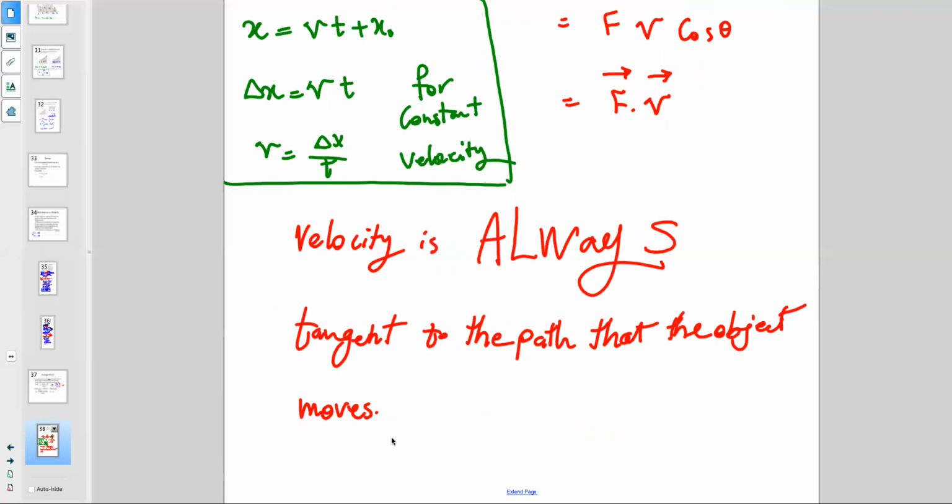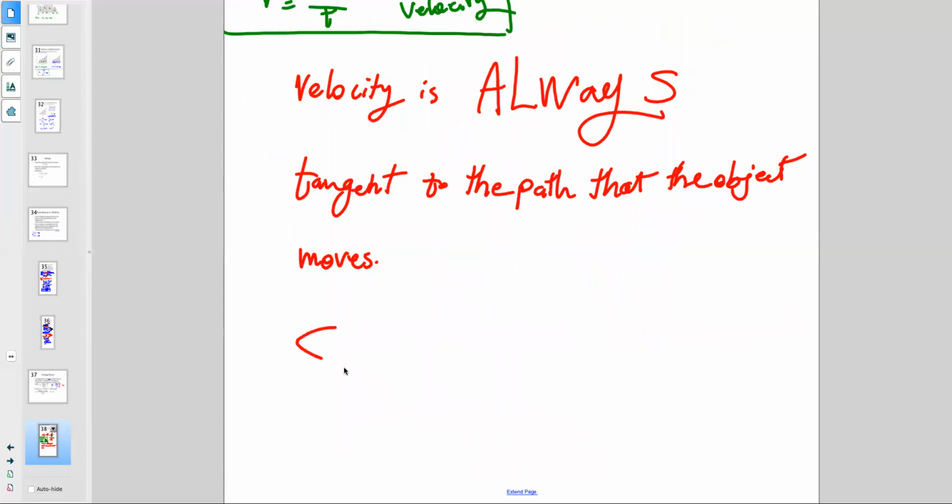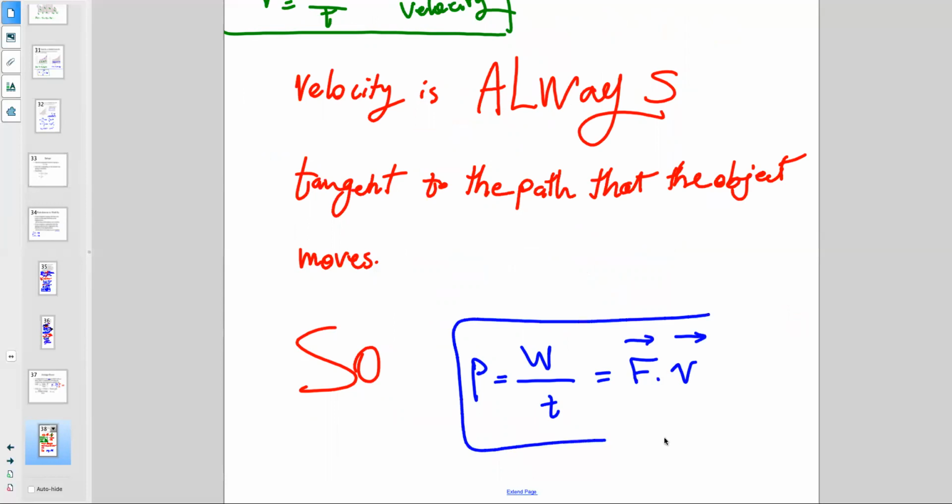In other words, the angle between velocity and force and the angle between velocity and displacement would be the same, so it has the same cosine here. So I can write power to be work over time, or I can write it F dot V, the dot product between force and the velocity. This is an extremely important formula.